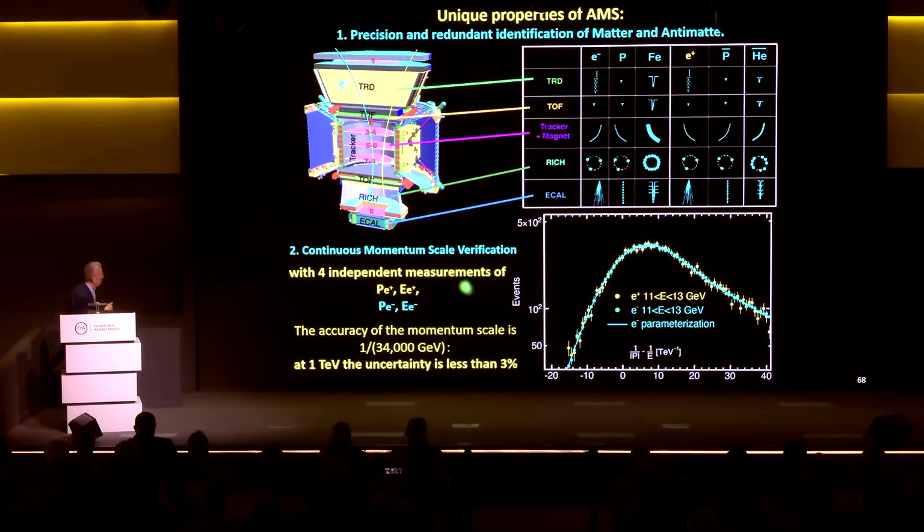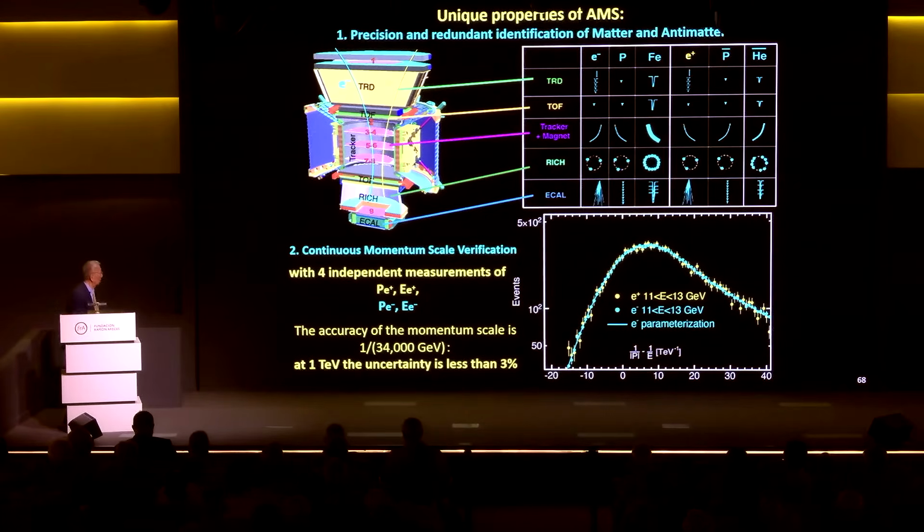And second is continuous momentum scale verification. In space, one thing you have to remember, once you're up there, you cannot go there to check it. So you had better know what's going on all the time.